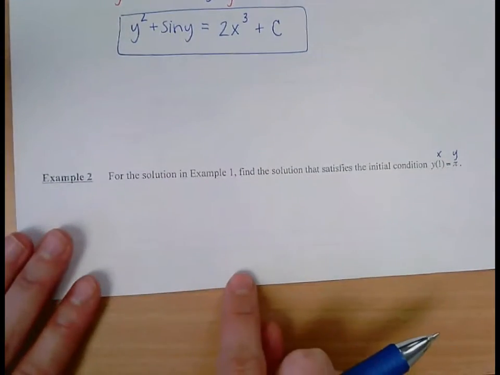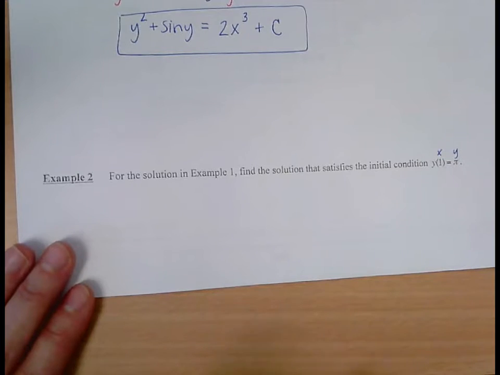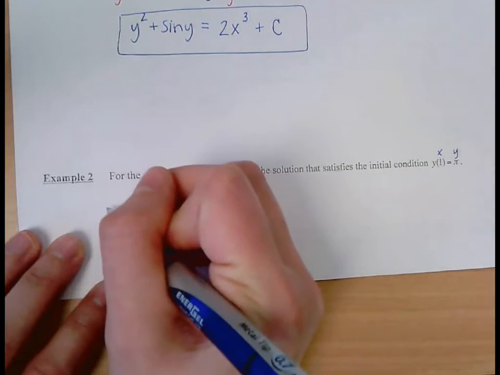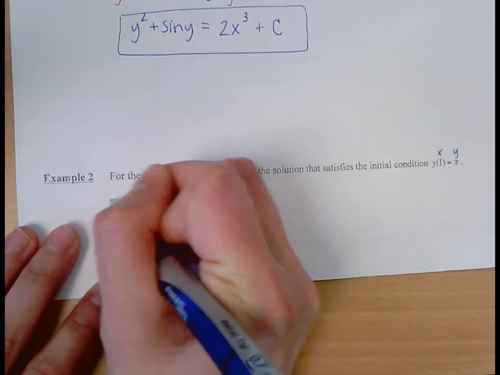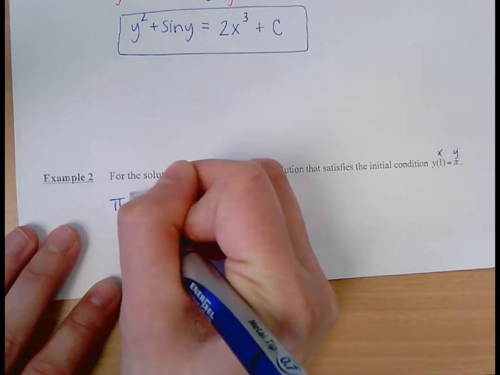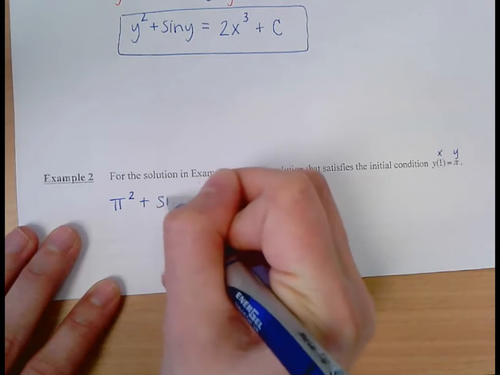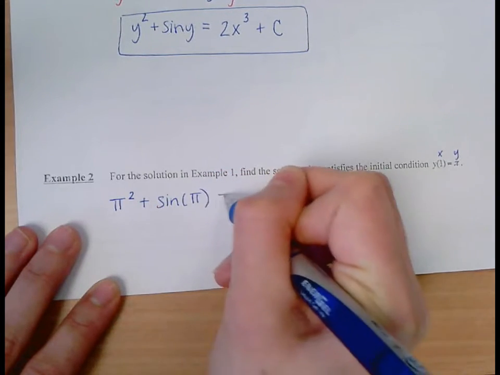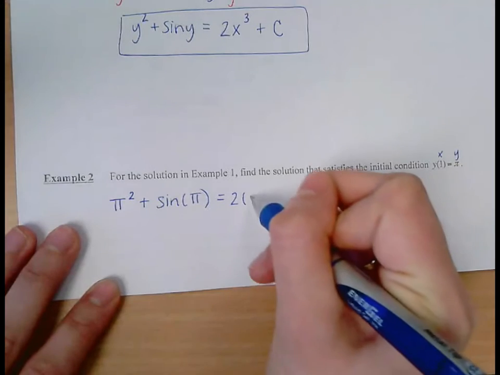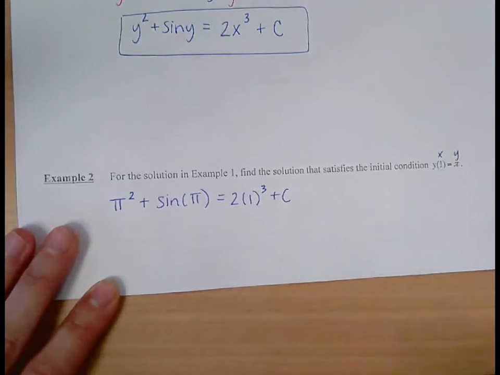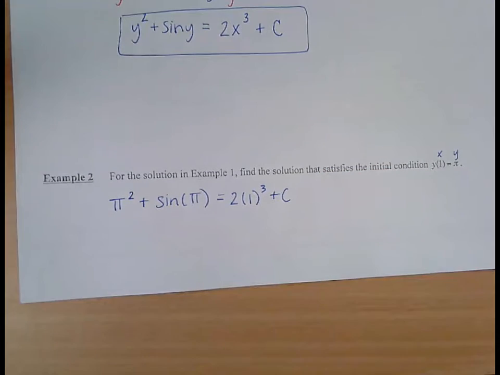So in the solution I just found, I'm going to replace y with pi and x with 1. So I have pi squared plus sine of pi equals 2 times 1 cubed plus c, and I need to figure out what c is and leave c in its exact form.